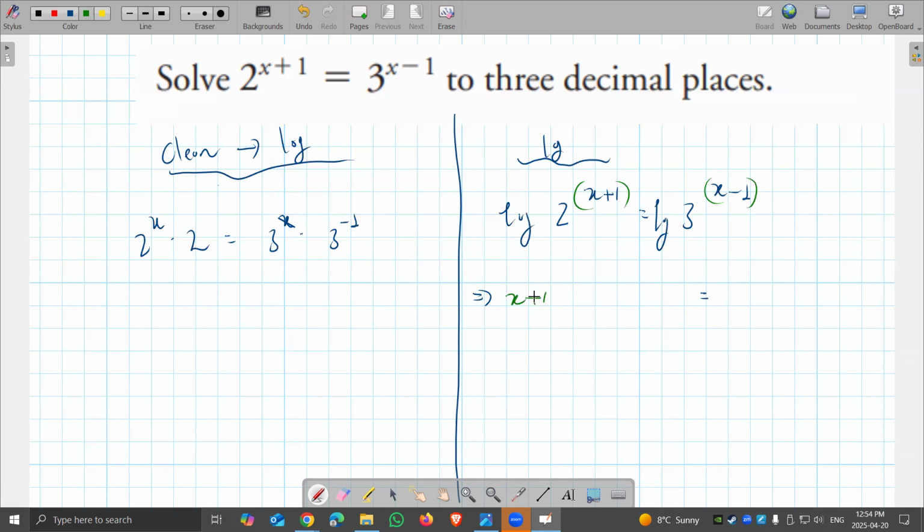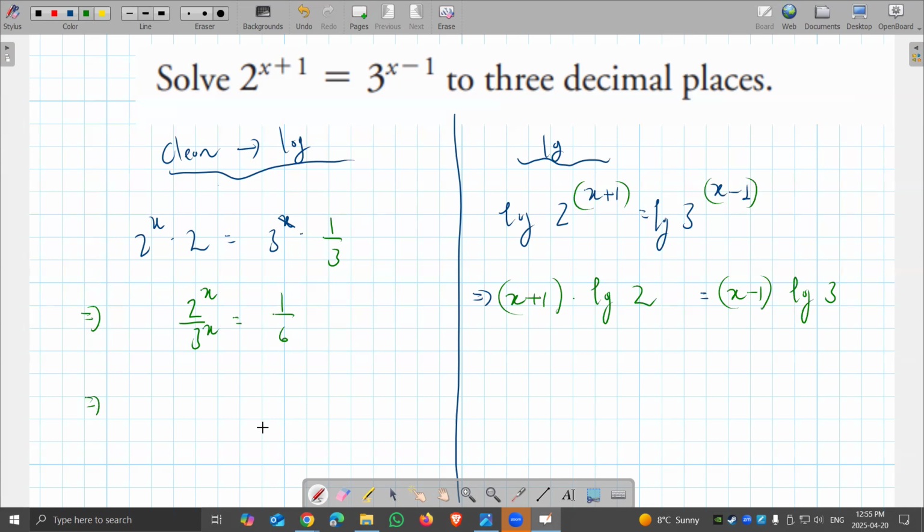So this becomes x plus 1 times log 2 equals x minus 1 times log 3. When you do it this way, 3 to the power of negative 1 is 1 over 3. I'm just going to rewrite this as 1 over 3. When you do it this way, you want to make sure all the x's are on the same side of the equation, and all the numbers on the other side. So this becomes 2 power x over 3 power x equals 1 over 6.